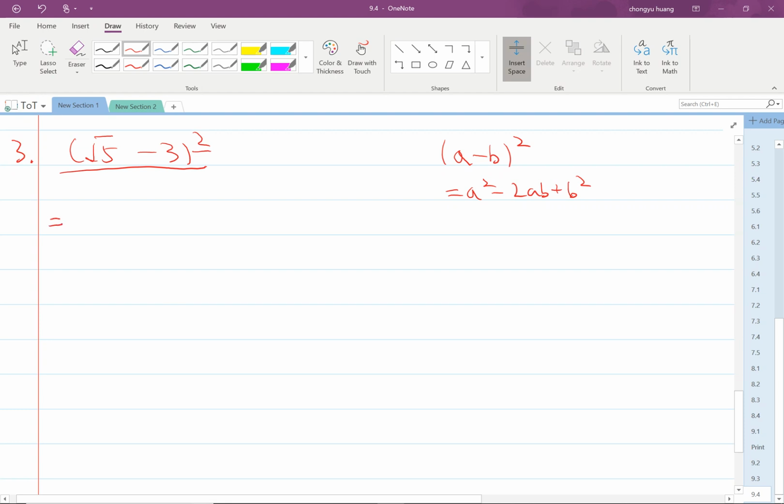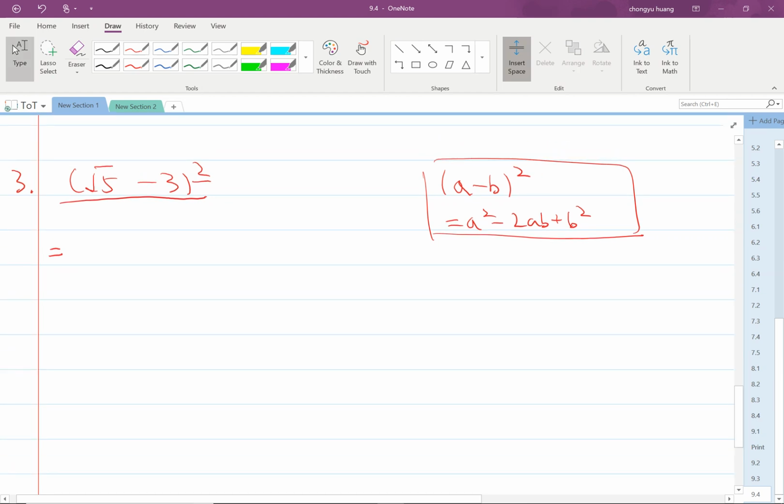As the property says, over here, let me write it down. This is a and then this is b. It will be a little clearer, I think, if I write it down in this kind of way. The first thing in the property is a squared.